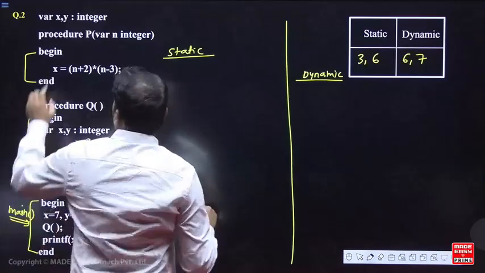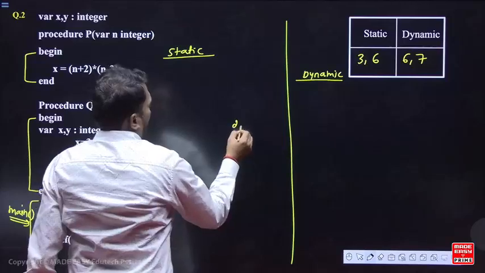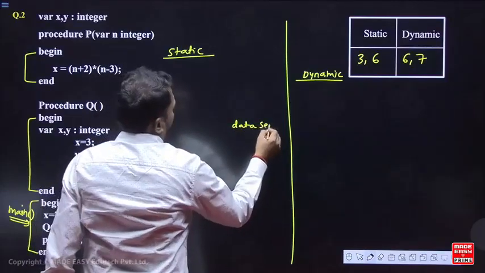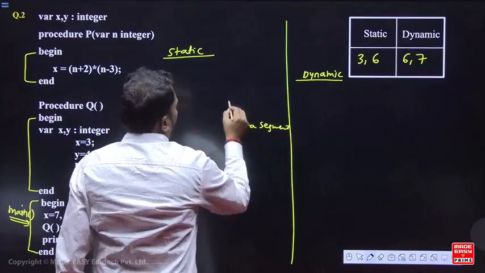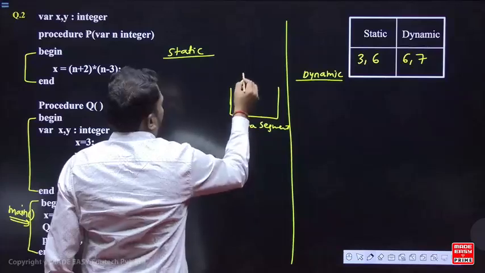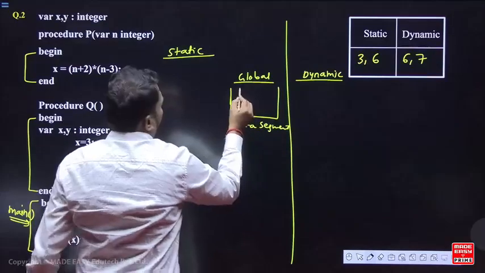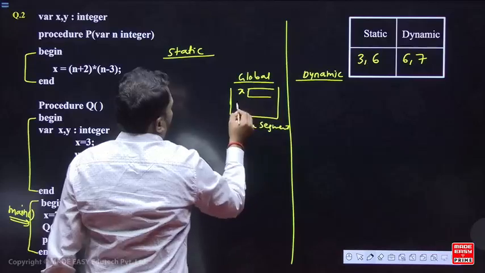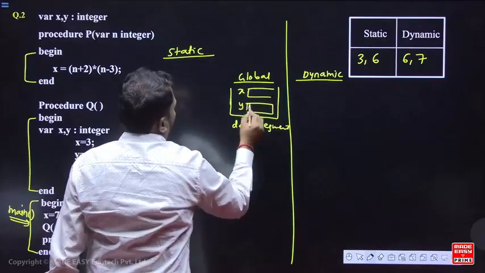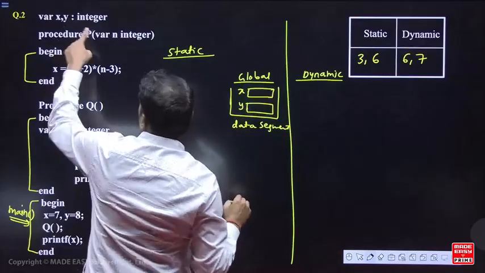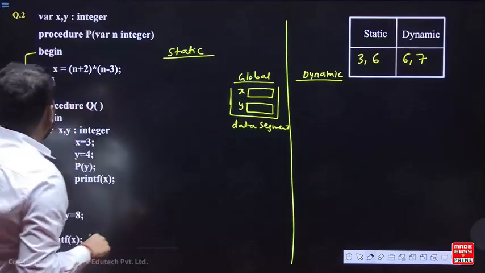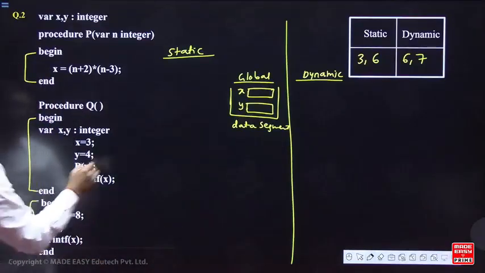At compile time, memory is allocated for global variables in the data segment. This is the global data segment, with variable x and variable y. This is the declaration only. Memory allocated.